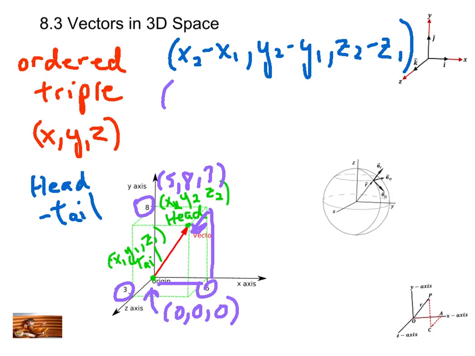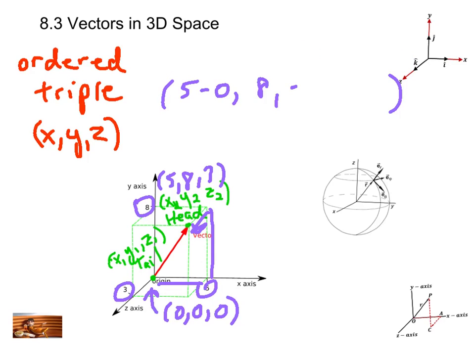Well, let's figure out this vector. 5 minus 0. Oh, I'm sorry, that's not what I wanted to do. Let's see if we can continue here. Sorry about that if you were copying it down. I want to do 8 minus 0, comma, and then 3 minus 0.